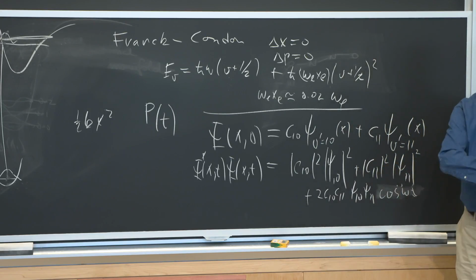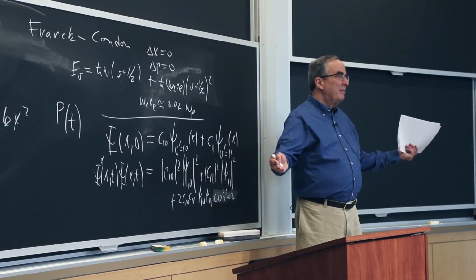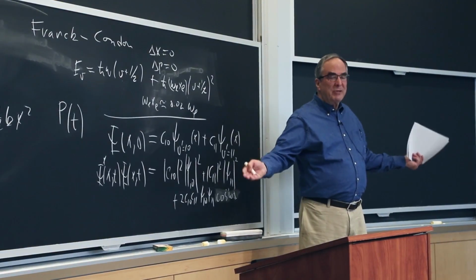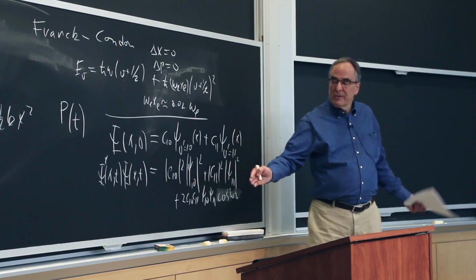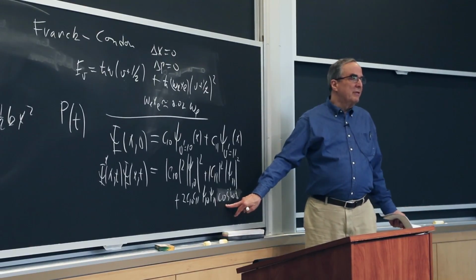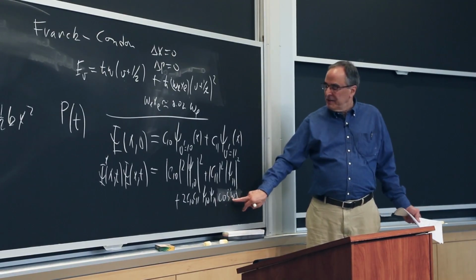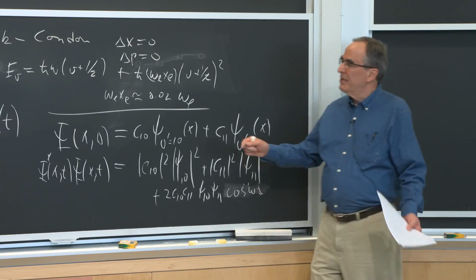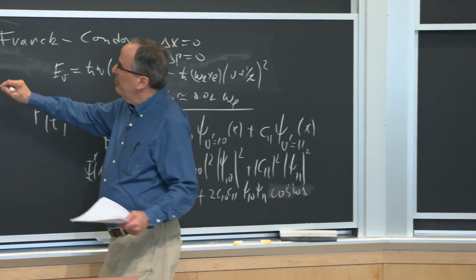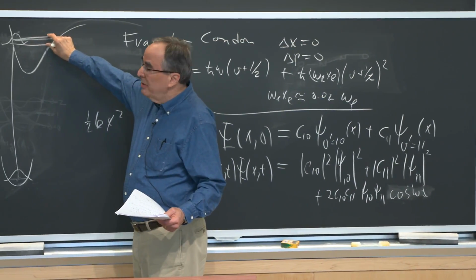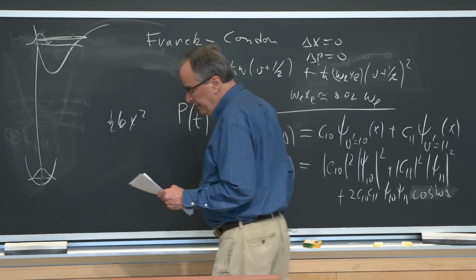Now I'm playing fast and loose here because I've done this before. I know what disappears. And I know if it's harmonic, you just get this. Well, if there's two states, this is really just the frequency associated with these two levels.